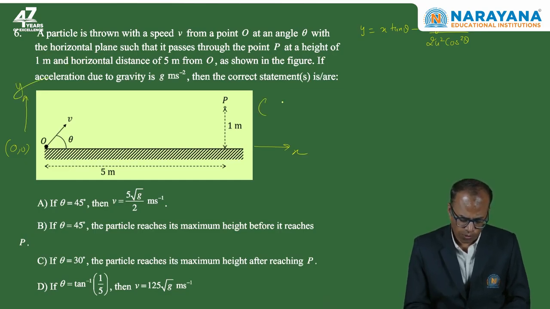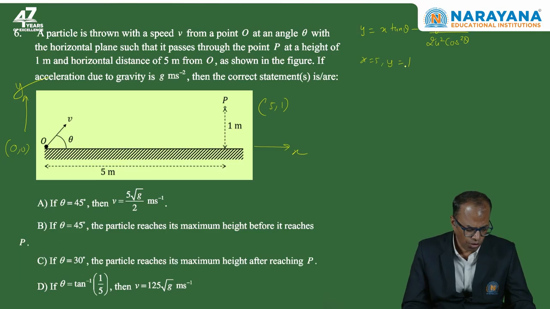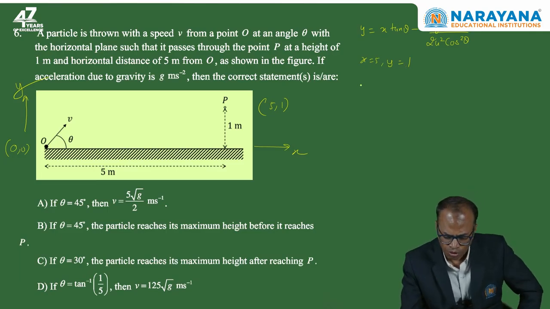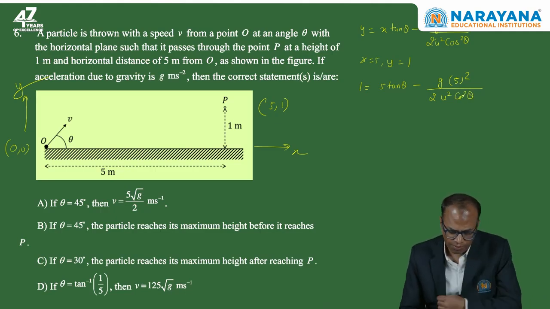The coordinate of point P will become 5 comma 1. So x is 5 and y is 1. Let's put the values. I'll get 1 is equal to 5 tan theta minus g times 5 squared by 2 times u squared cos squared theta. So I'll check for theta is equal to 45 degree first.